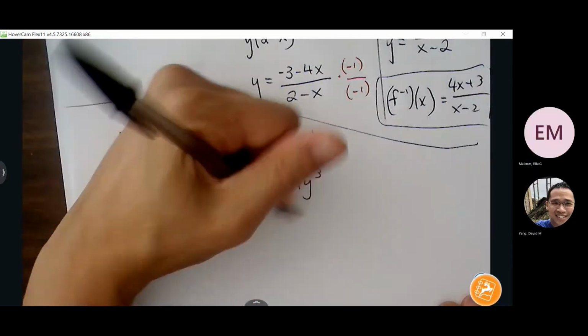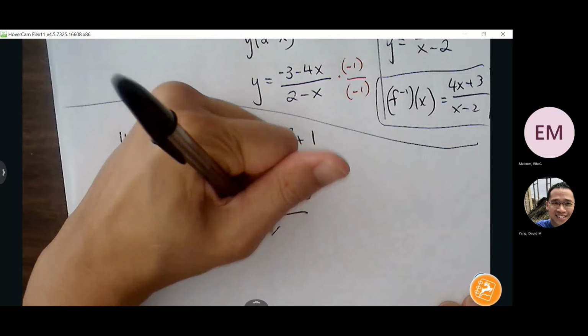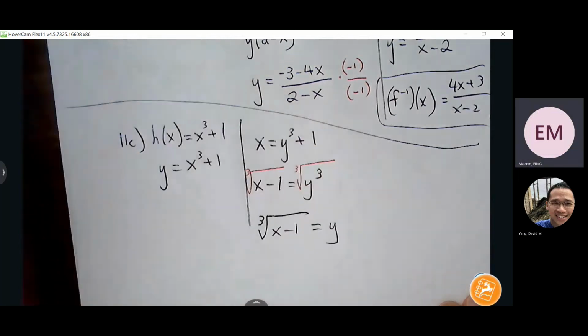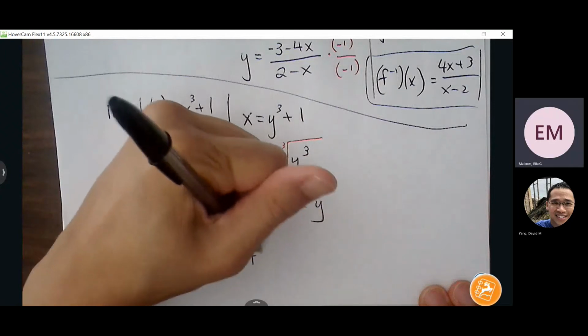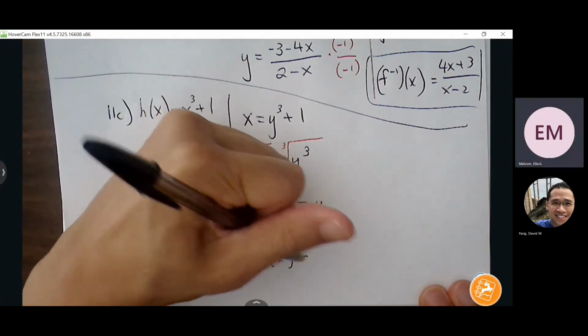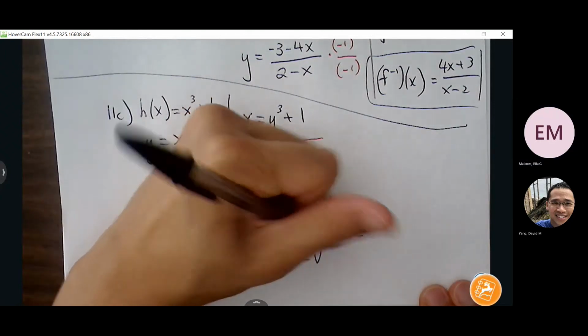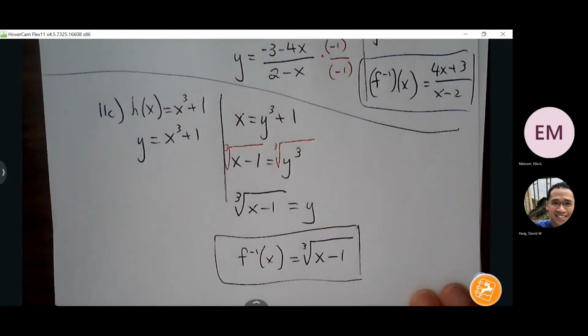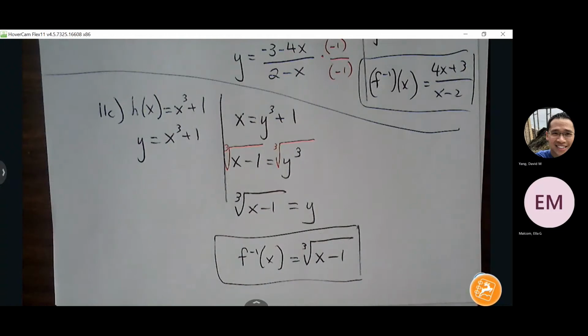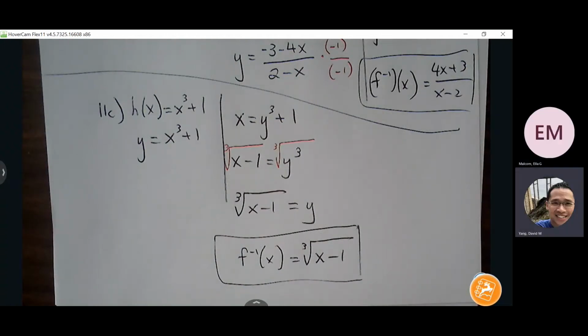Okay. Oh, so that's going to be y. And y equals cube root of x minus 1.